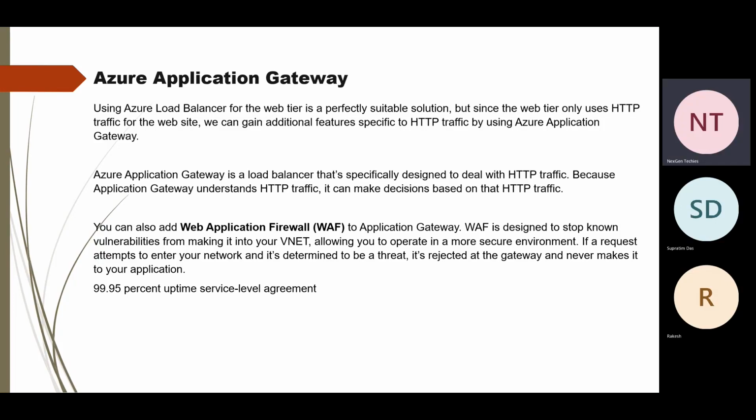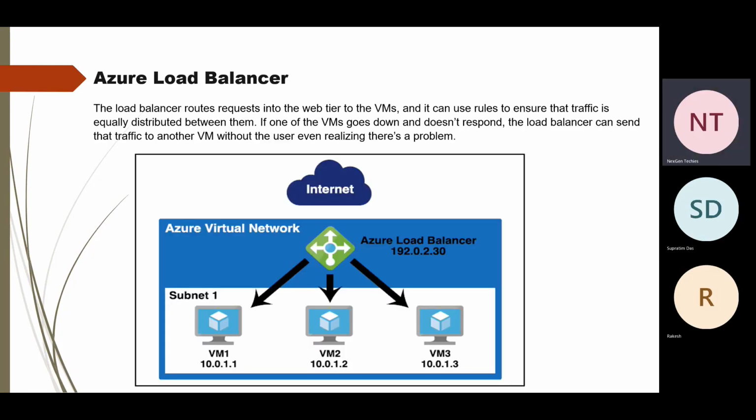So what is the Azure Application Gateway? Basically, if you want to access your Fiori, which is web based, through the internal network, then it will go through like this, whether it is HTTP or HTTPS connections, it will go internally from here.